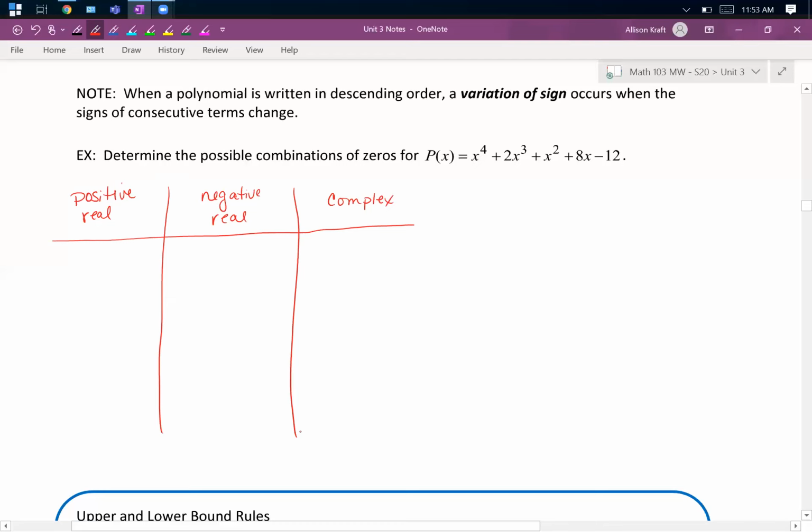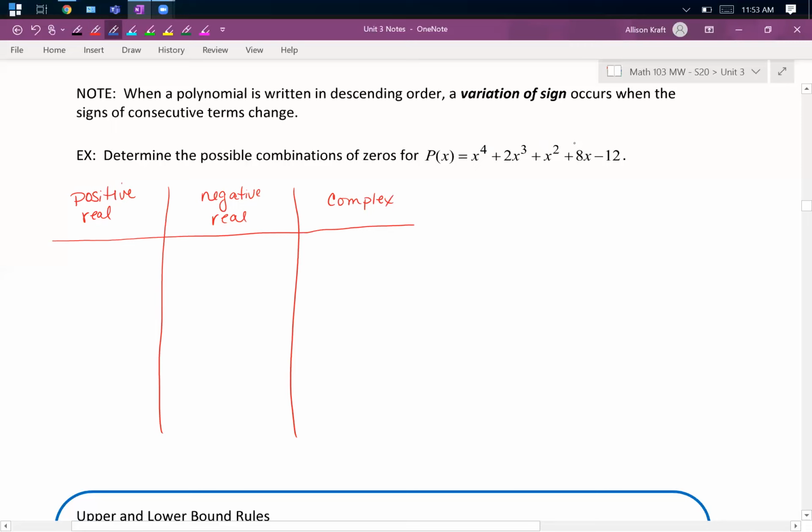The first part of our theorem deals with the positive real zeros. It says that the number of positive real zeros is equal to the number of sign changes in our polynomial or less than that by a multiple of 2. So let's count the number of sign changes in our polynomial.